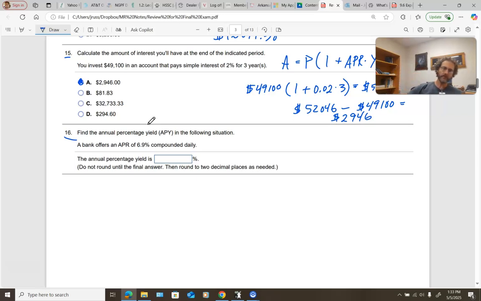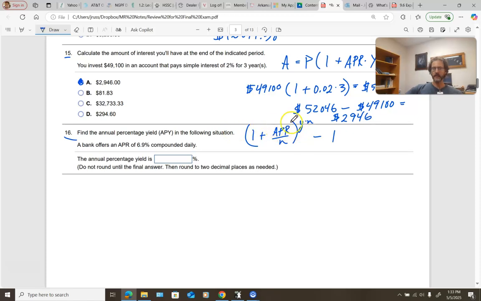Okay. To find APY, we're going to need another formula. It's going to be 1 plus APR over n, raised to the power of y times n, and then minus 1. Okay? So a lot of this is still the same.